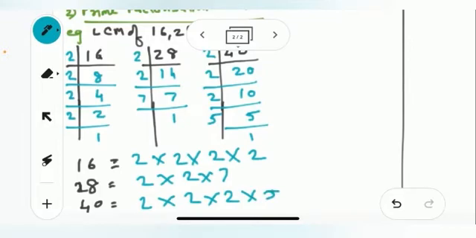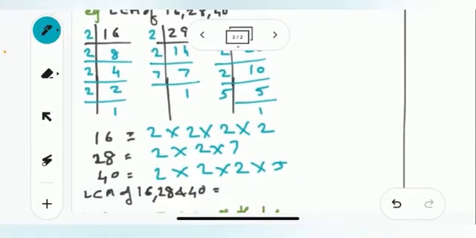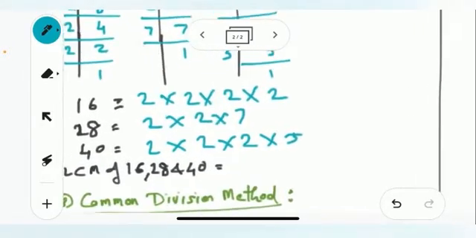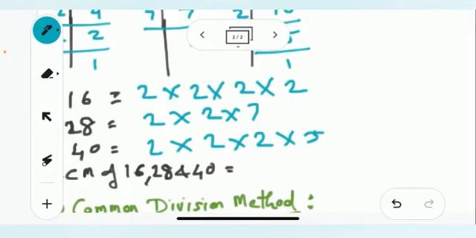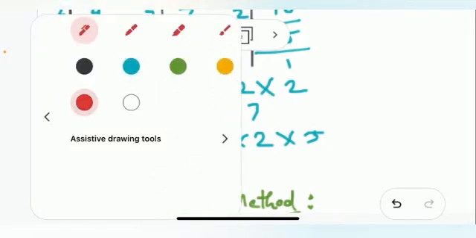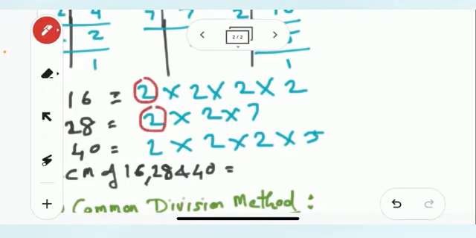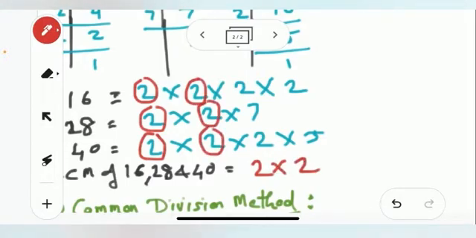So these are the factors I am getting. Now what I have to do is find the LCM. Now how will I write the LCM here? If you see, the common numbers are 2, 2, 2. So I will write that 2. Again here 2, 2, 2. So again I will write the number 2.